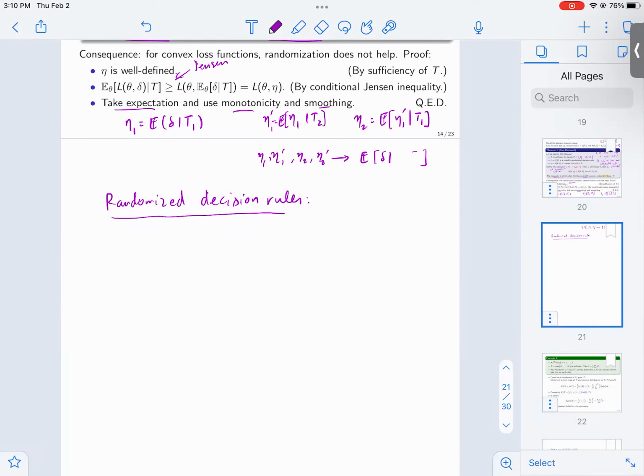So for example, the usual decision rules are functions from your sample space to, let's say, your action space. I'm going to say omega for us, the parameter space.